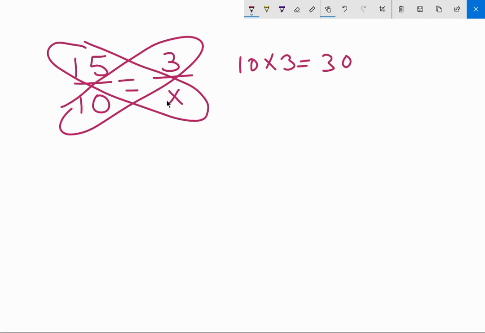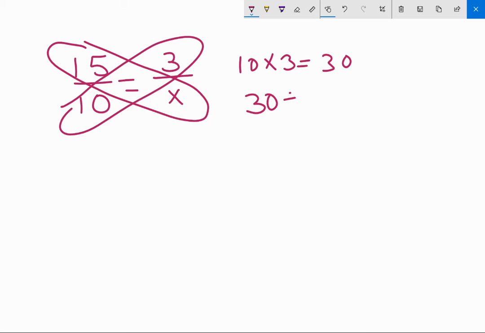Well, see, I know 15 times this missing number must also equal 30. So one easy way to find it, I'm doing it the most simplified way. If I know 15 times some number gives me 30 as well, I can take 30 divided by 15 to figure out what that number would be.